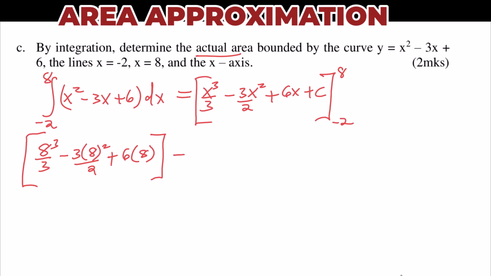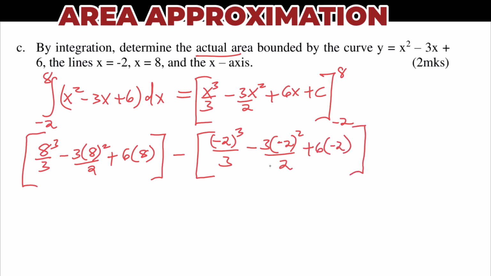Then subtract. Now substitute x with -2. So -2 cubed divided by 3 minus 3 times -2 squared divided by 2 plus 6 times -2. The only thing you need now is proper use of the calculator to work out these.